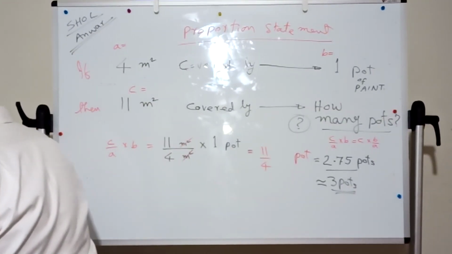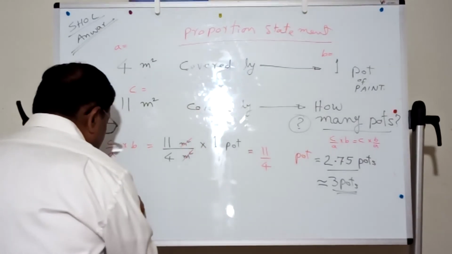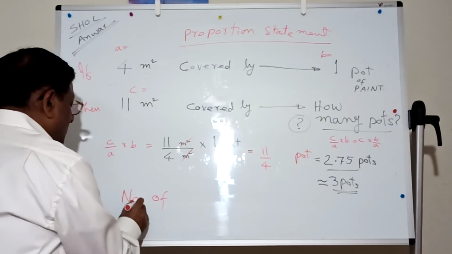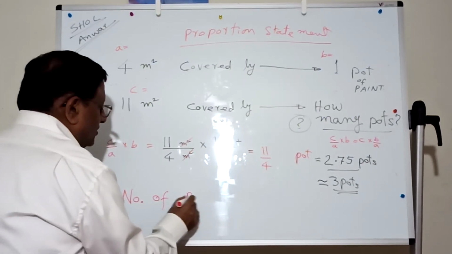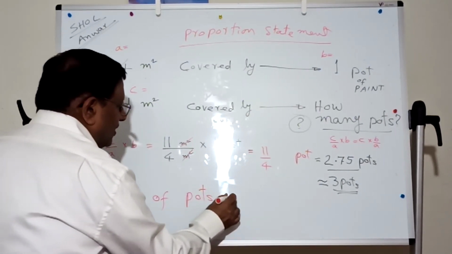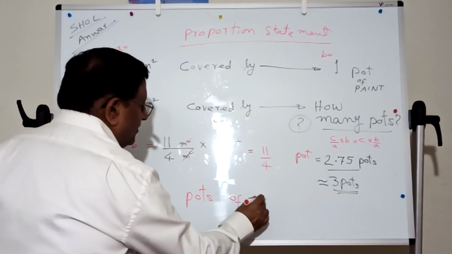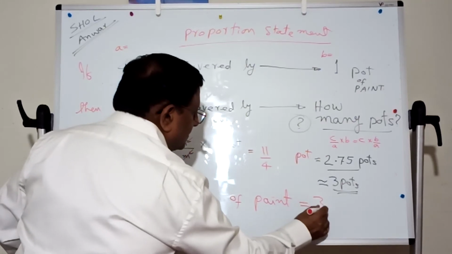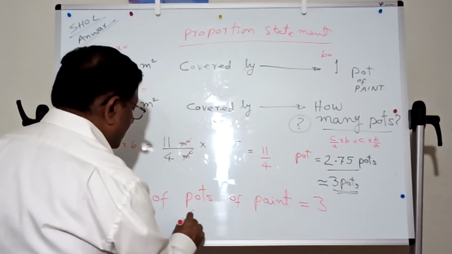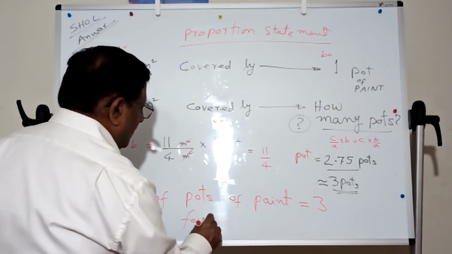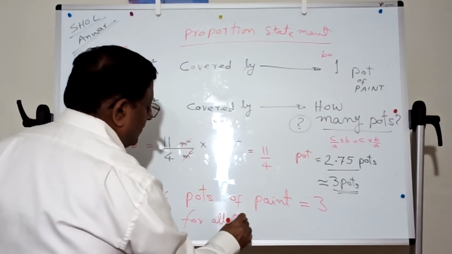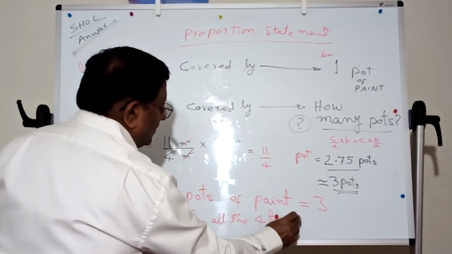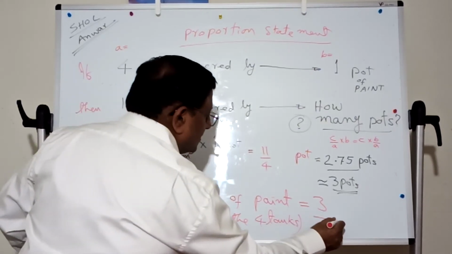So the answer, you can write: number of parts of paint is equal to 3 for all the 4 tanks. So this is the answer.